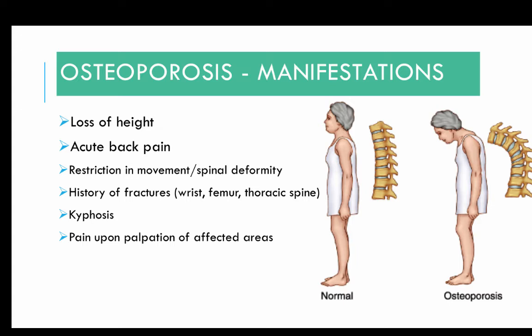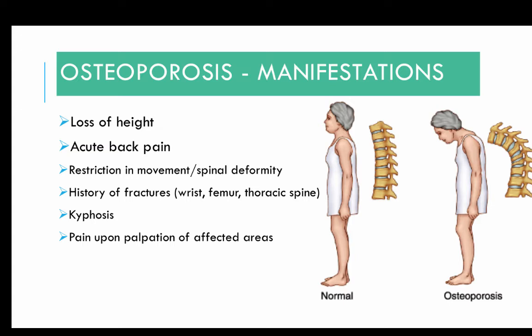Manifestations: they have a loss of height. Acute back pain. Acute back pain can be indicative of a fracture in the spine. Restriction in movement or spinal deformity. A history of fractures, especially where the injury or the trauma doesn't seem like it should actually cause a fracture. Kyphosis.